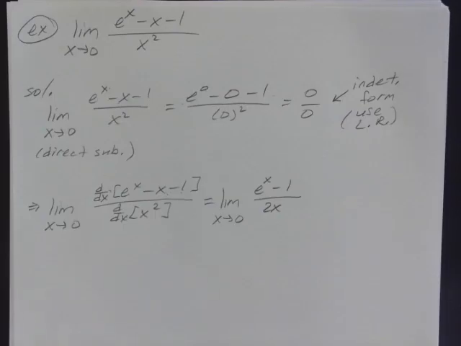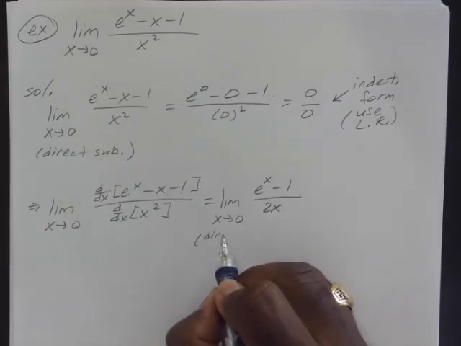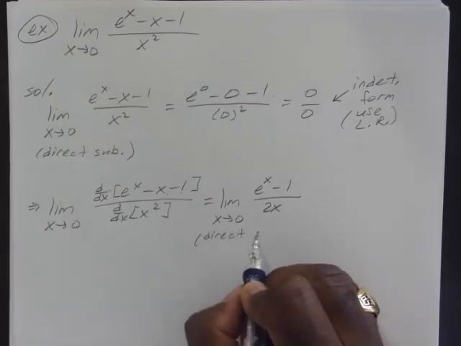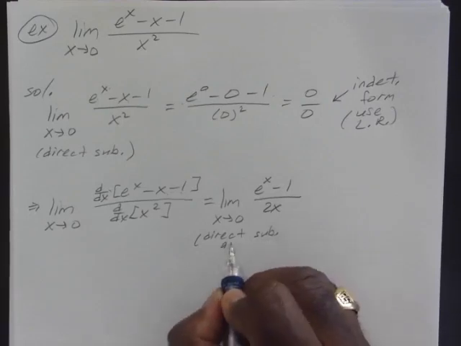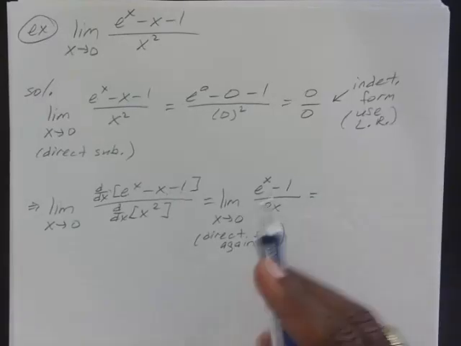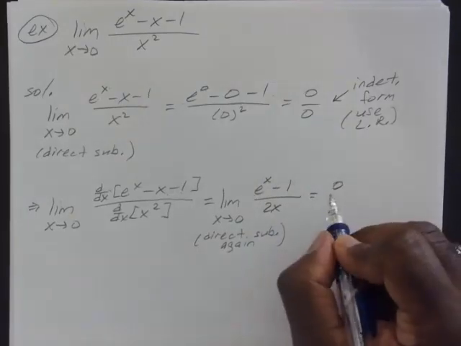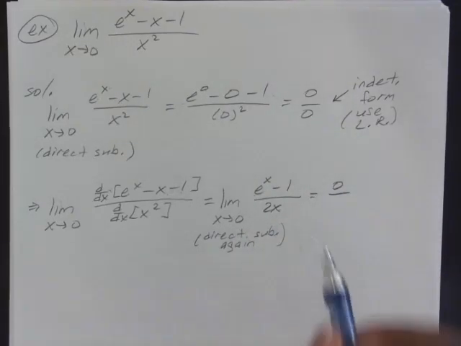Which means we apply direct substitution again. If we plug in 0, we end up with e to the power of 0 minus 1, so 1 minus 1 gives us 0, divided by 2 times 0, which is 0.